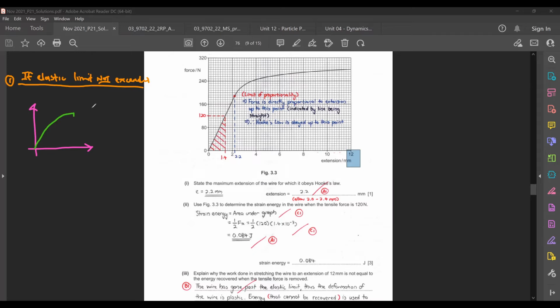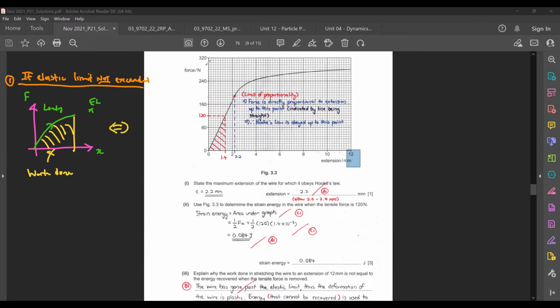Let's just say that my elastic limit is here, but I didn't load it all the way to the elastic limit. I just load it all the way to here only. This is force versus extension. So this one is the loading case. This one is the work done.